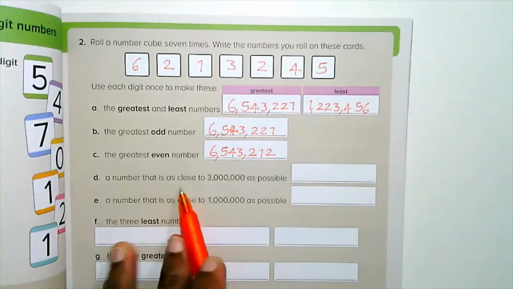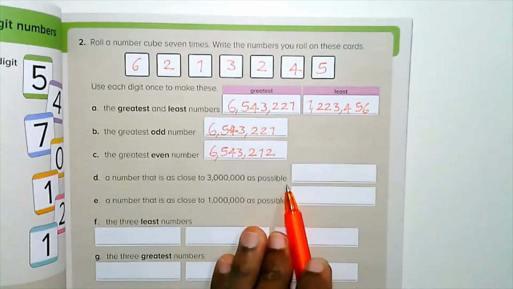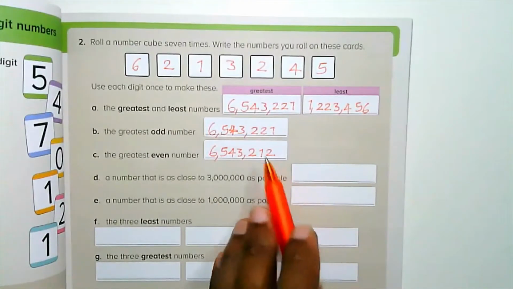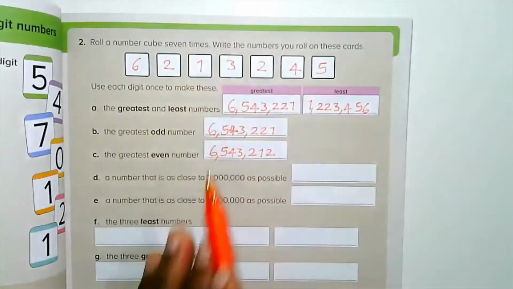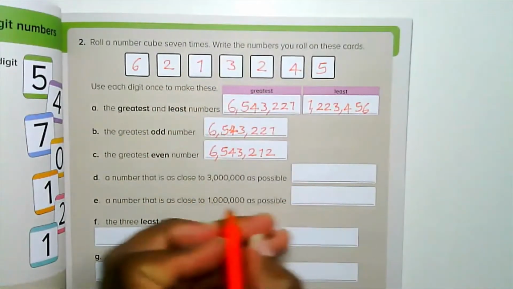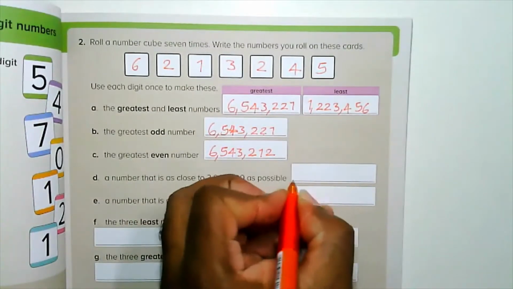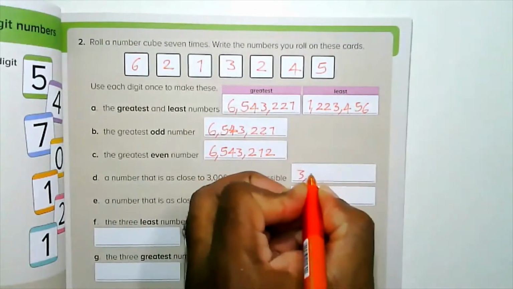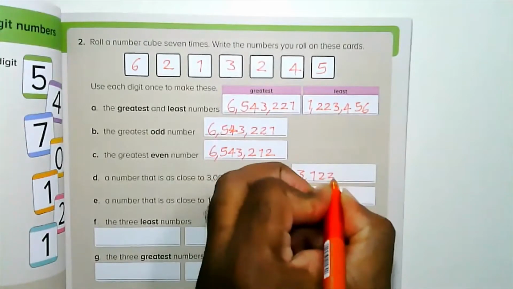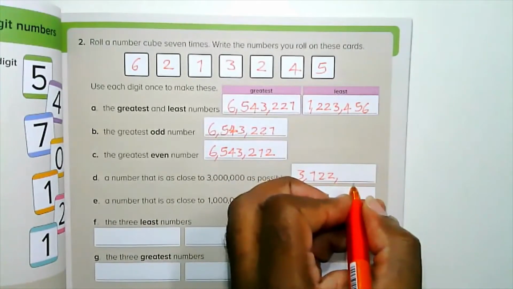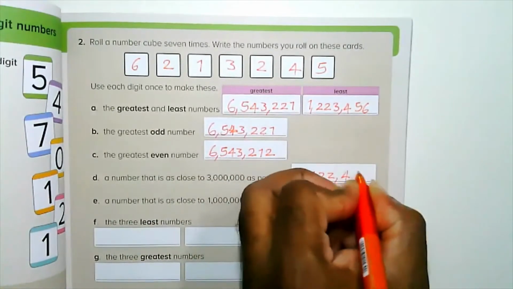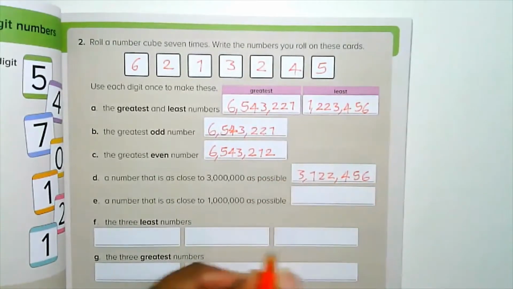A number that is as close to this as possible. This number can vary from this. So the number that is closest will be 3,122,456.